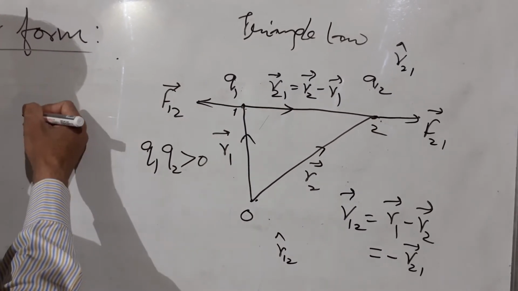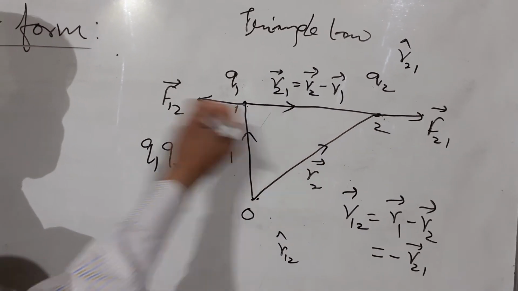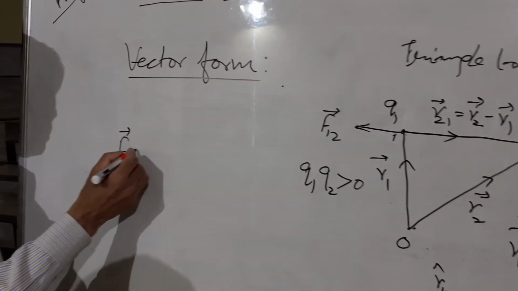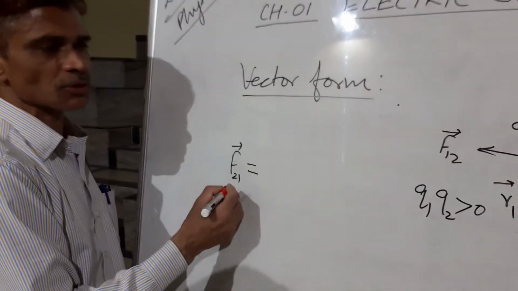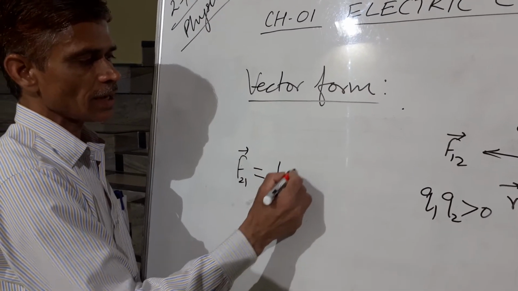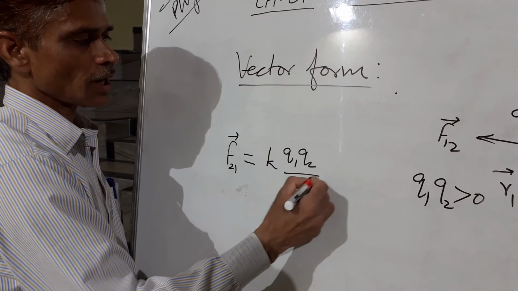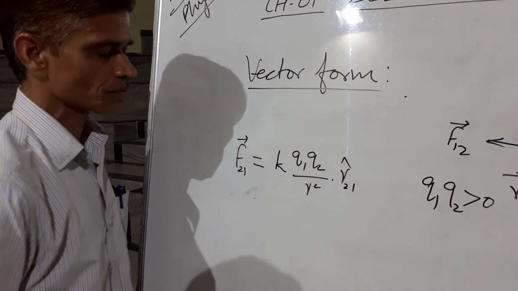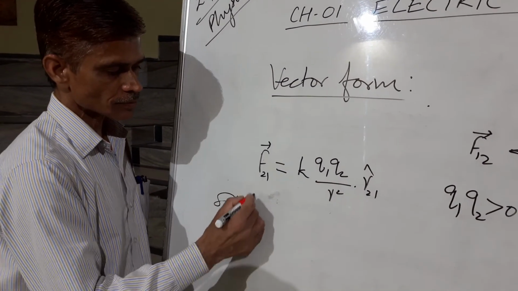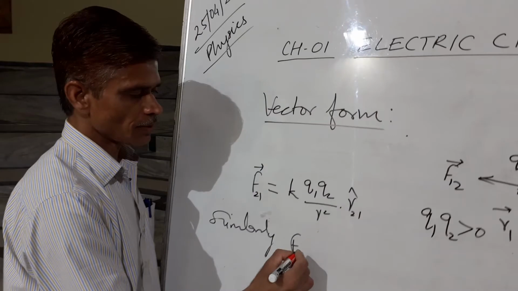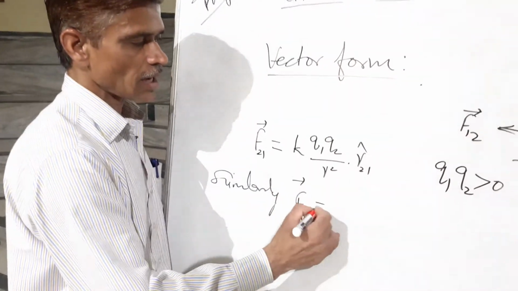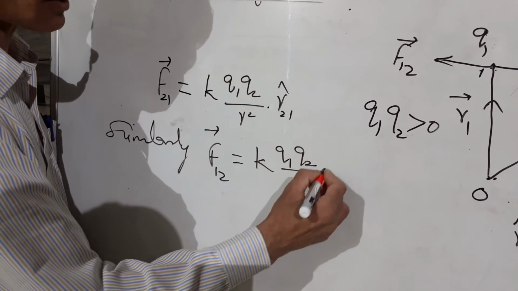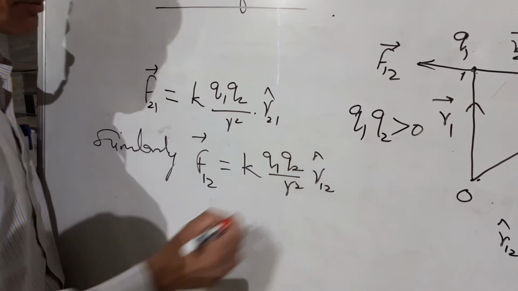It will be in this direction, because this charge will repel this charge. So in vector form we can write vector F21 is equal to K Q1 Q2 upon R square into R21 cap. Similarly, vector F12 is equal to K Q1 Q2 by R square R12 cap.